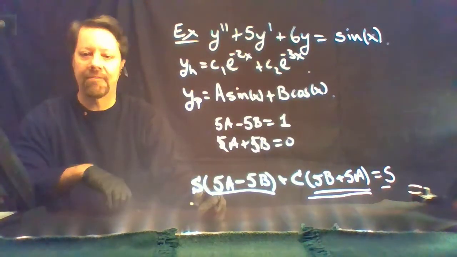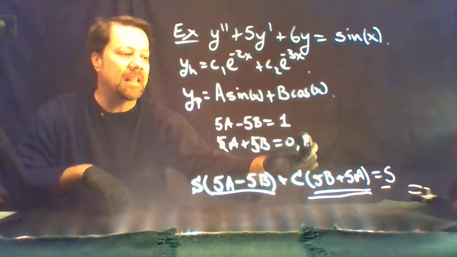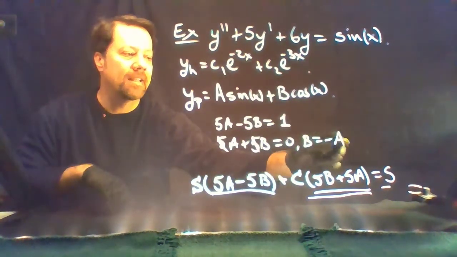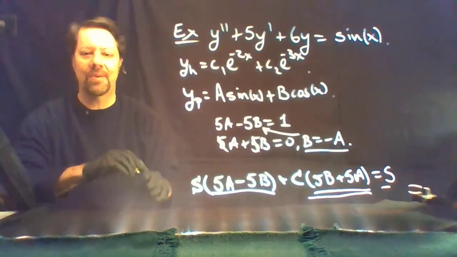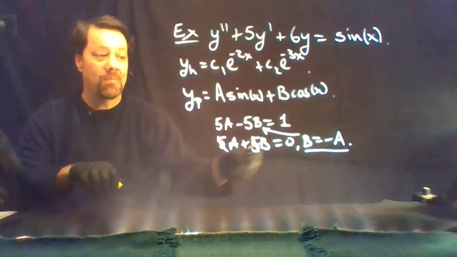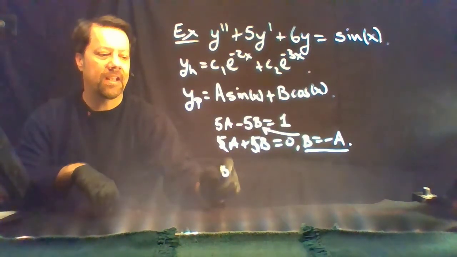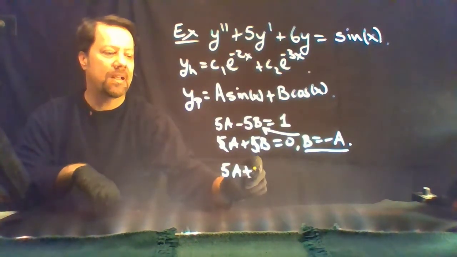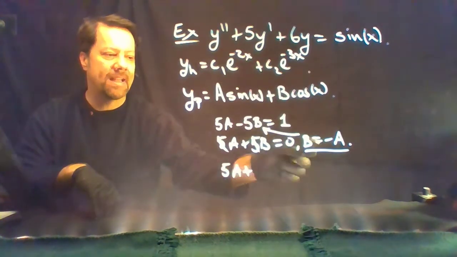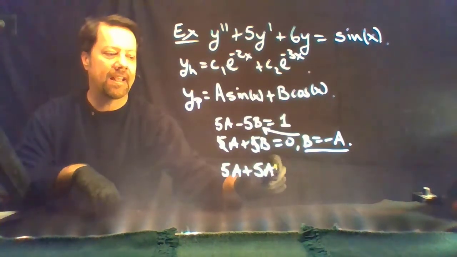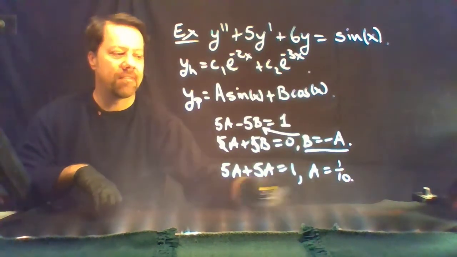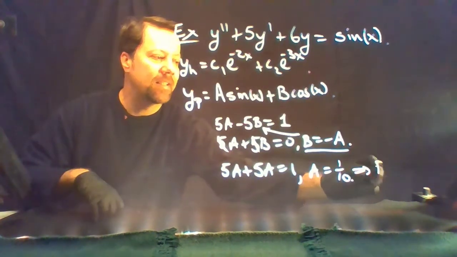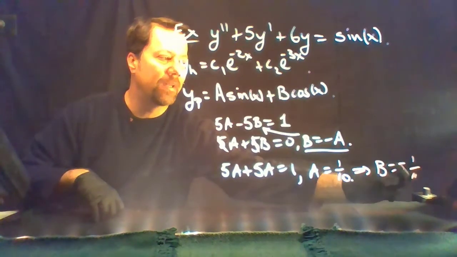Dividing through by 5, we see that b is minus a, which we can substitute into the previous equation. Making the substitution, we have 5a plus, if b is replaced by negative a, we'll get another 5a equals 1, and hence a is 1/10. That implies that b is negative 1/10.